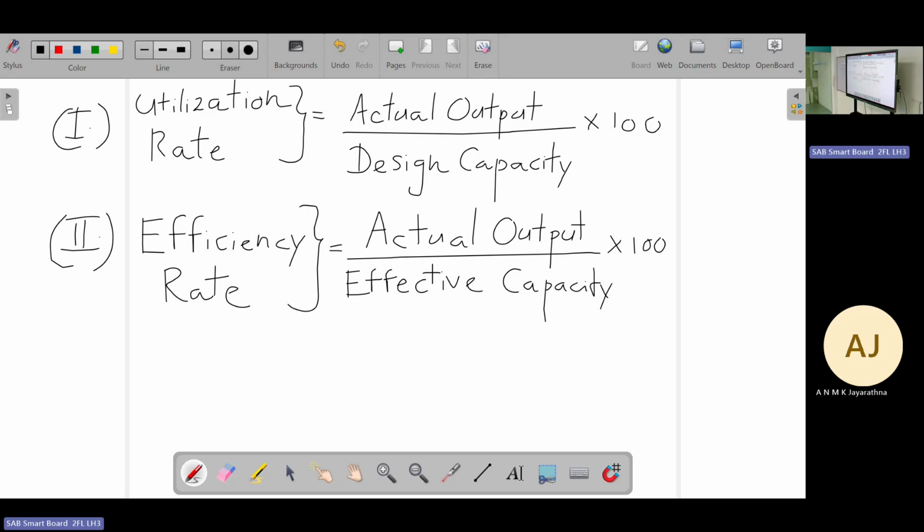The actual production is 1,600 electrical items according to the daily production reports.